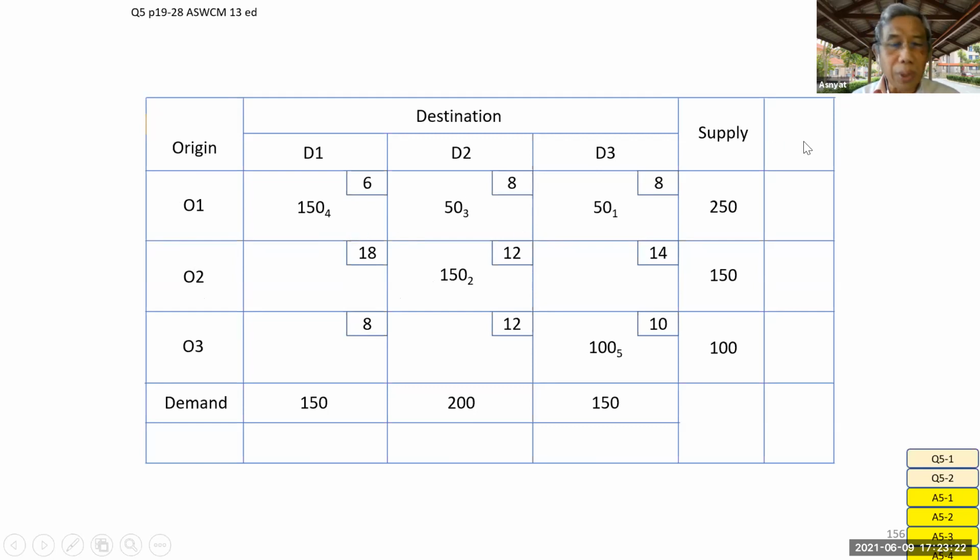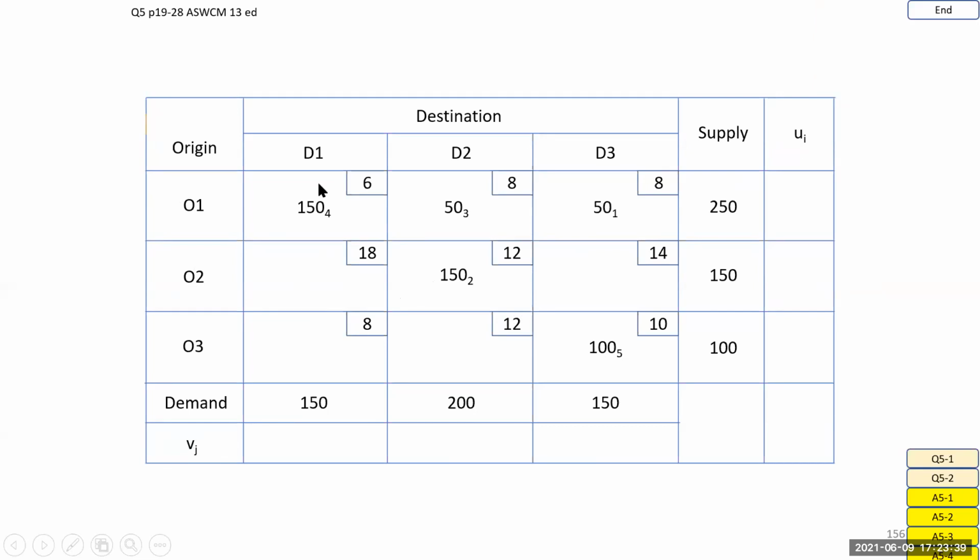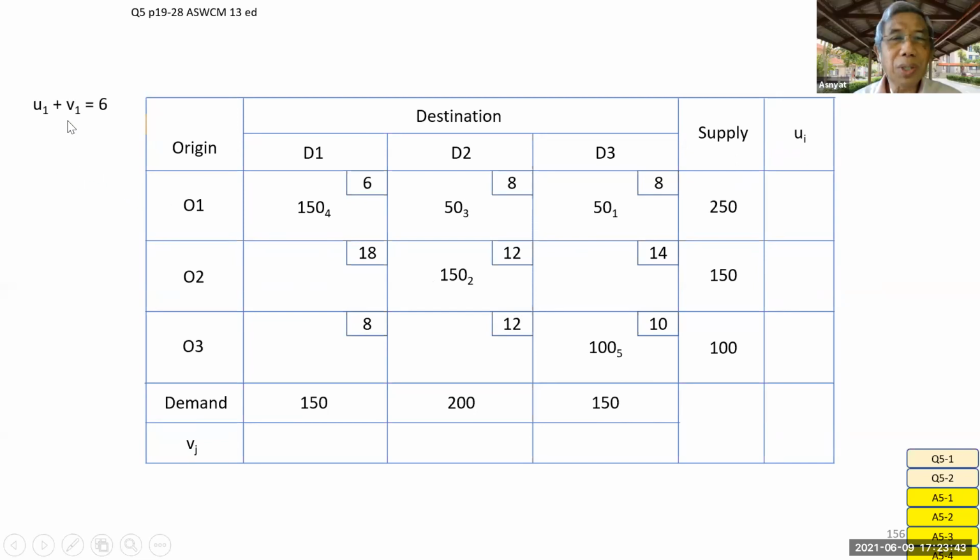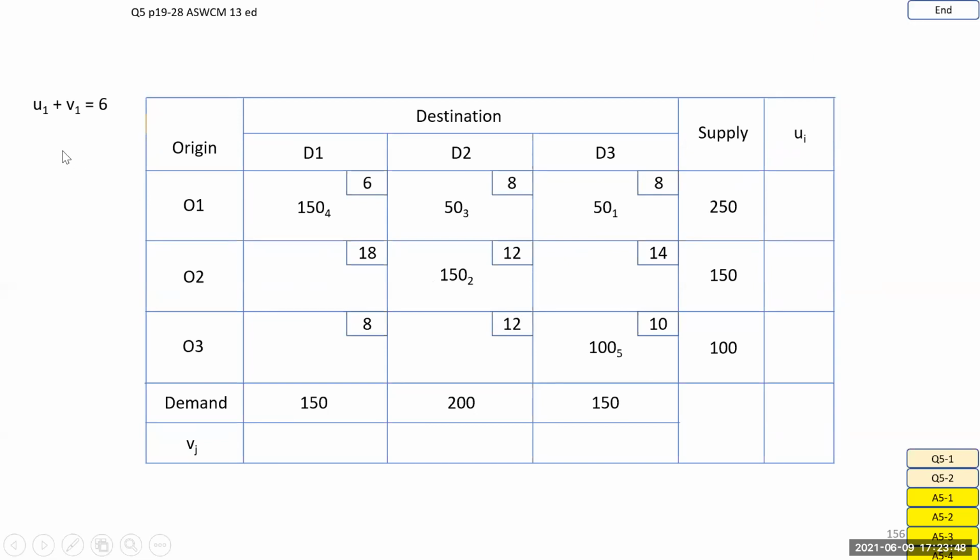And then the same thing, we are going to find Ui and Vj. U1 plus V1 equals 6. U1 plus V2 equals 8.